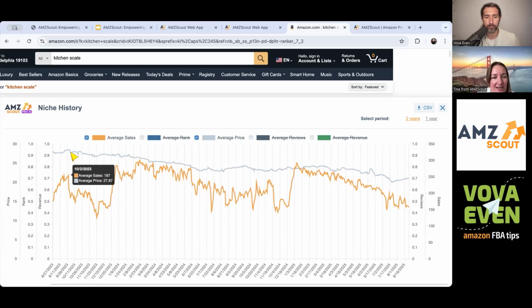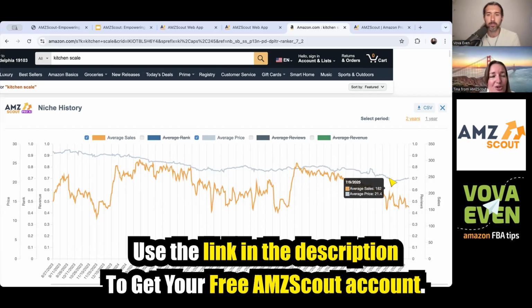But in this case, 2 years ago the average price was 27. Maybe the production costs got lower, which is doubtful. But for some reason, now the average price is like $20, $21, which makes up for very little profit, in my opinion.